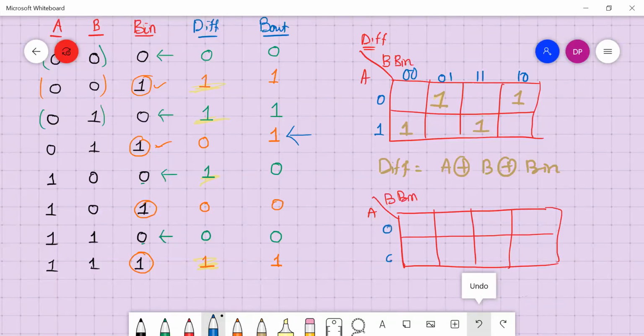We'll take 0, 1, 0, 0, 0, 1, 1, 1, 1, 0. You see where you have the min terms: here, here, here, and here.